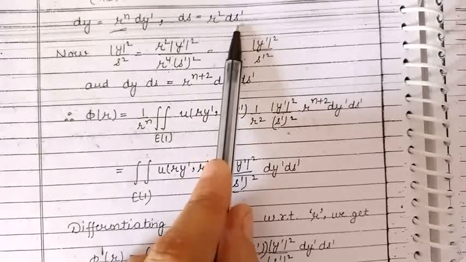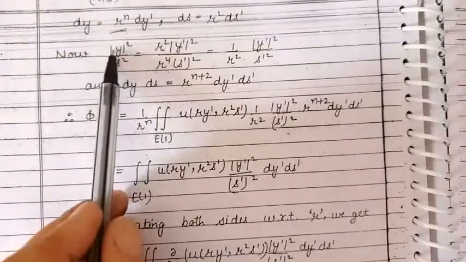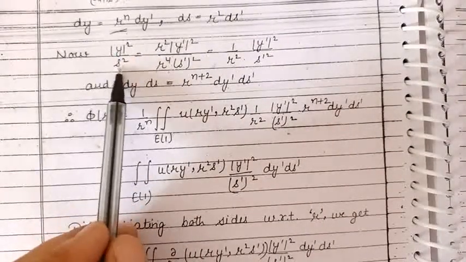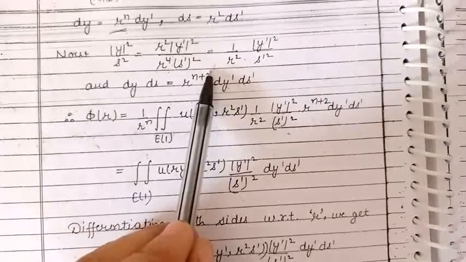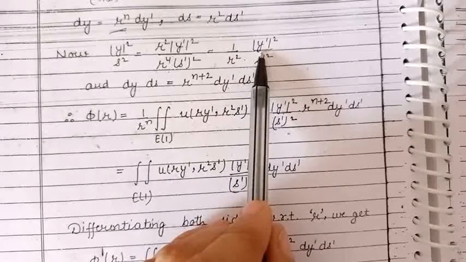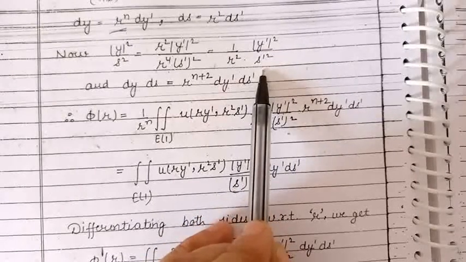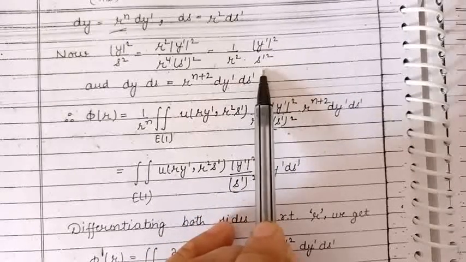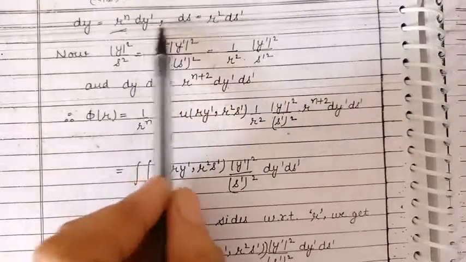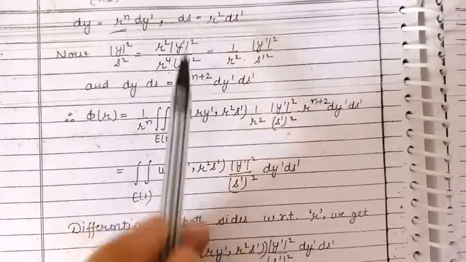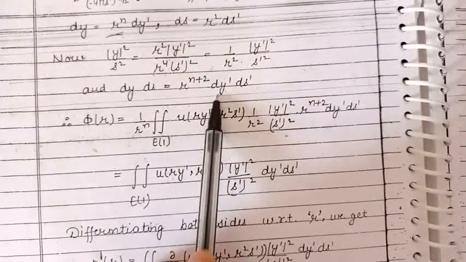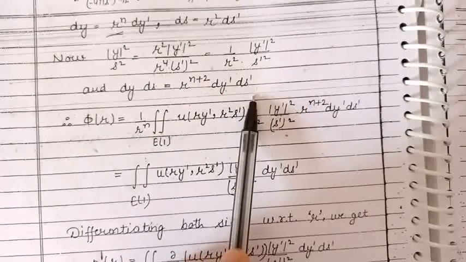And also let us find |y| square upon s square. Putting the values of y and s here and simplifying, we get 1 upon r square into |y dash| square upon s dash square. And also dy into ds, given by multiplying these two, becomes r raised to the power n plus 2 into dy dash into ds dash.